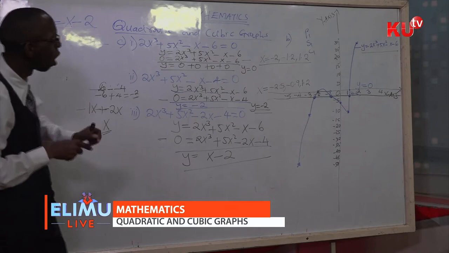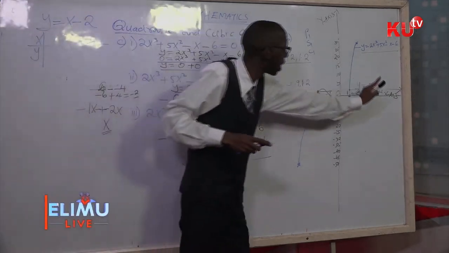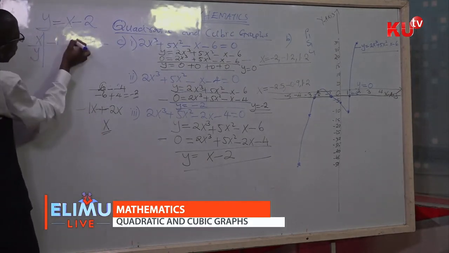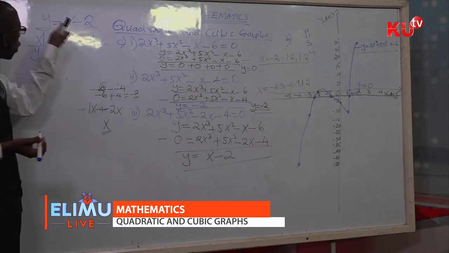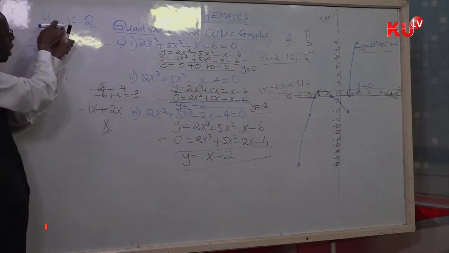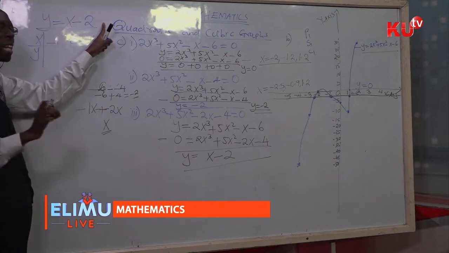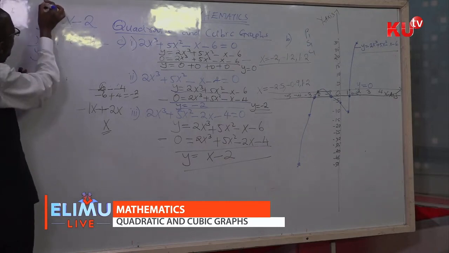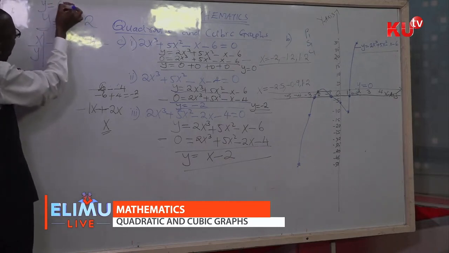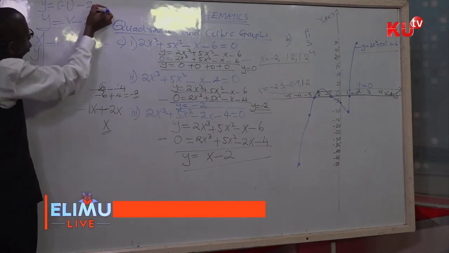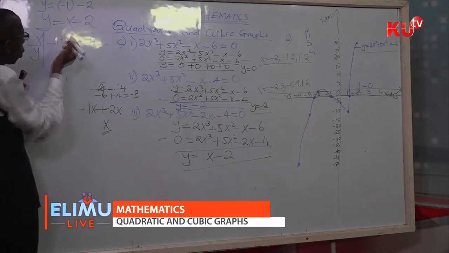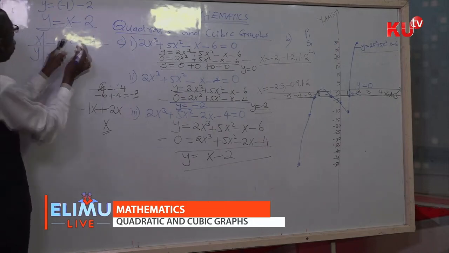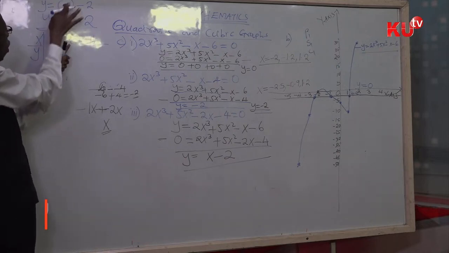On the values of x, just come up with 3 values of x. And those values must be within the range of -4 and +2. So we can come up with values like -1, 0, and 1. Use the equation y is equal to x minus 2 to get the values of y. When x is -1, y will be -1 minus 2, which is -3.